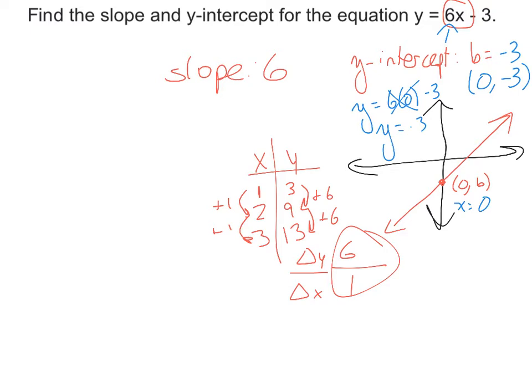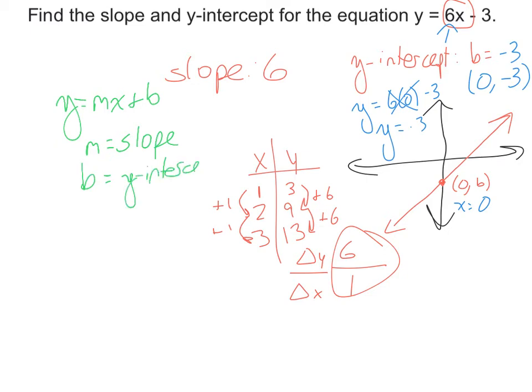So this gives us the equation y equals mx plus b, where m is the slope and b is the y-intercept. Okay, so that's a big time equation that we're going to have. It helps us out a lot when we're writing equations like this.